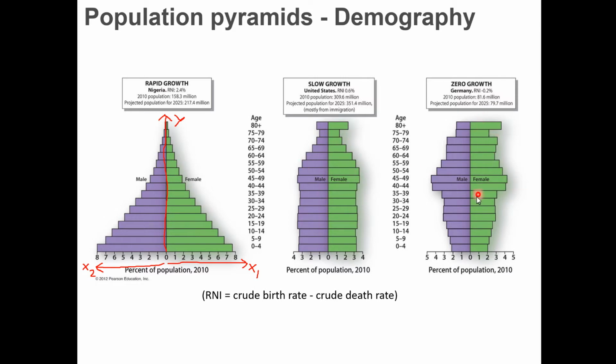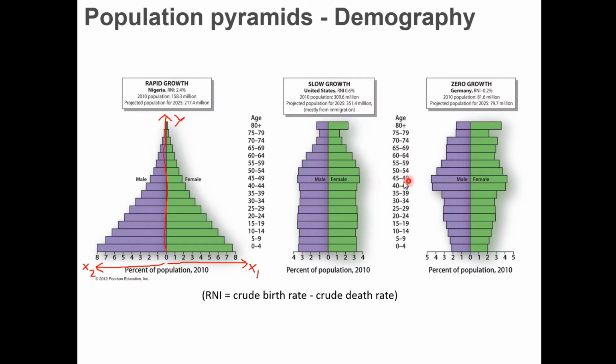And then we have interesting cases like zero growth or negative growth. Germany is an example of a country where there has been a population boom at one part where there were a lot of kids born, and they're kind of working their way up the age ladder. We have a similar one here in the United States, somewhat predating the German boom, but almost coinciding.